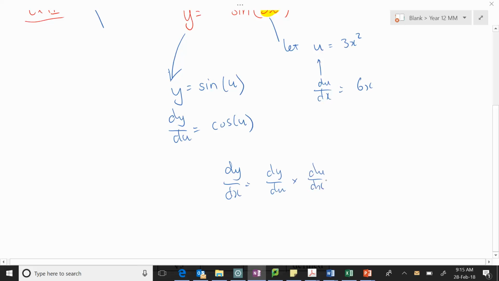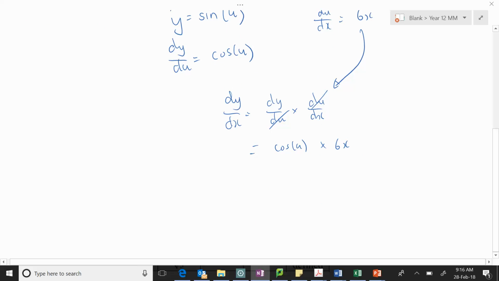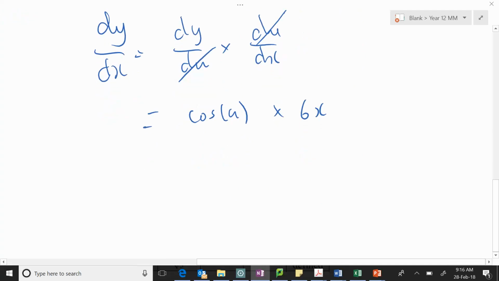This is your chain rule. We know this because the du on the numerator and the du on the denominator will cancel out. So dy/du was cos of u, that's what we figured out, and du/dx we know is 6x. So if I put them all together, the answer has to be 6x multiplied by cos of u.